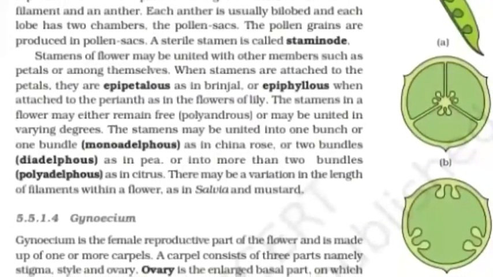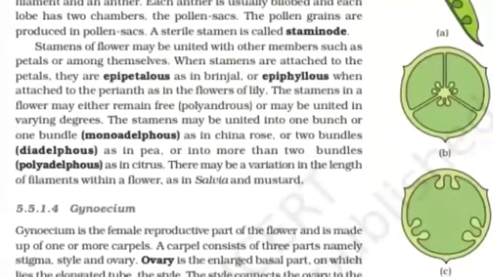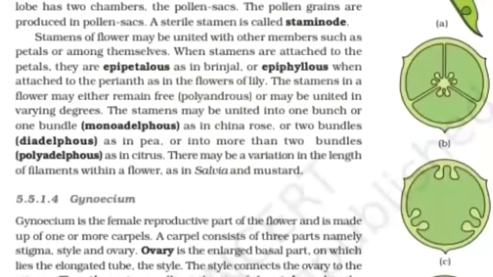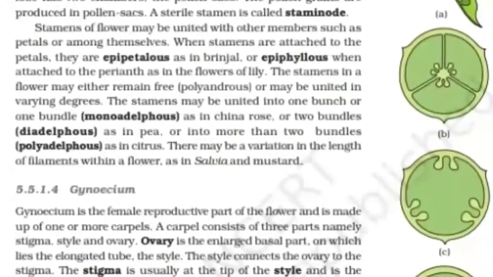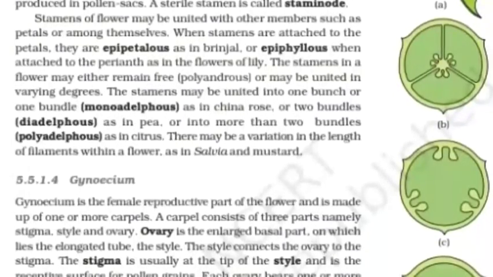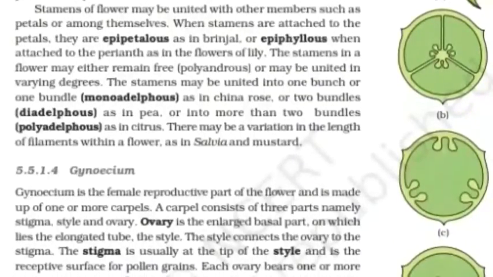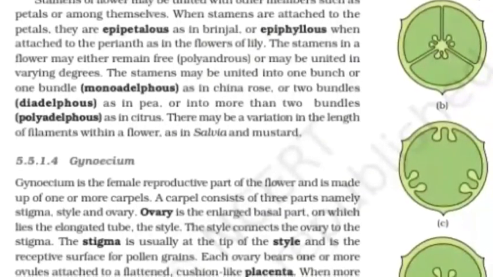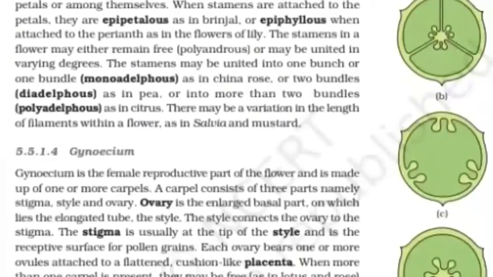The stamens in a flower may either remain free, polyandrous, or may be united in varying degrees. The stamens may be united into one branch or one bundle, monoadelphous, as in China rose, or two bundles, diadelphous, as in pea, or into more than two bundles, polyadelphous, as in citrus.